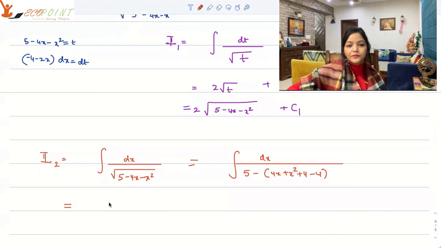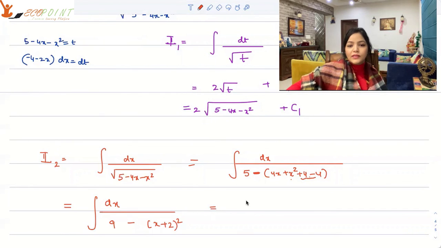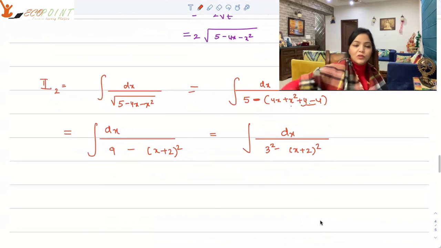So this will become dx upon, what I've done is I've taken the minus sign common here and I've added and subtracted 4 because that's what is required. And then plus 4 and minus 4 will come outside, but minus minus is plus. So this will give you 9 minus x plus 2 whole square. So essentially you have dx upon 3 square minus x plus 2 square.